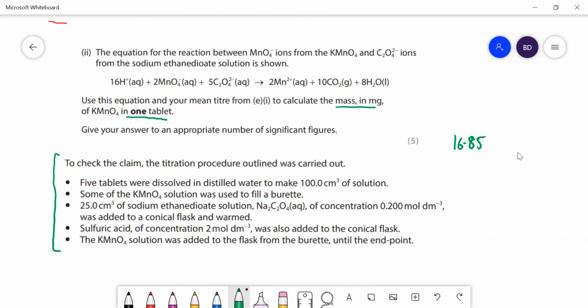Okay, so we need to work out the moles of ethane dioate first of all. Okay, and we can do that because we know the volume and we know the concentration. So the moles of ethane dioate in the conical flask.